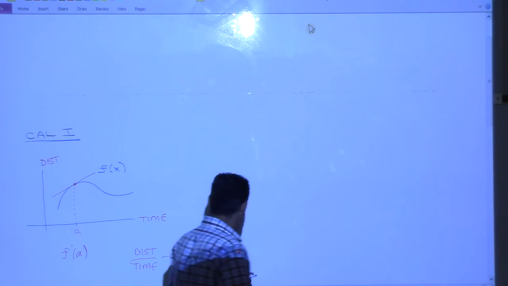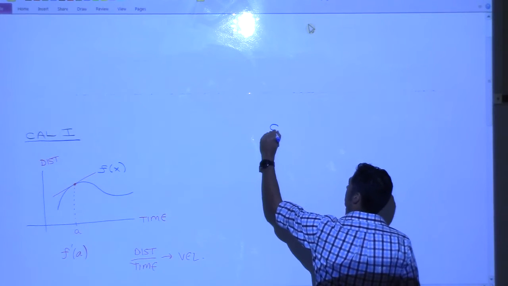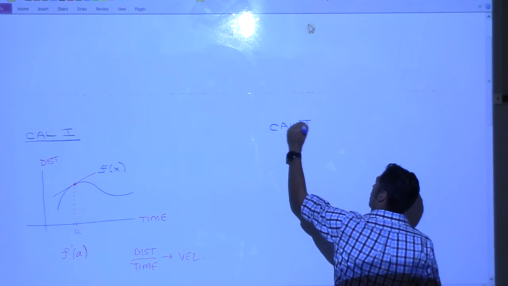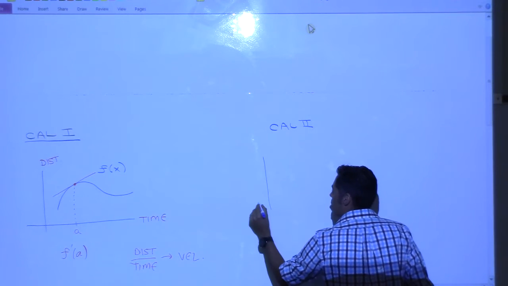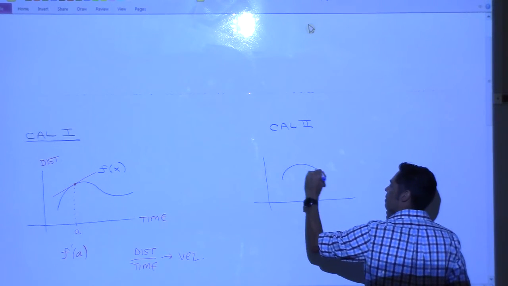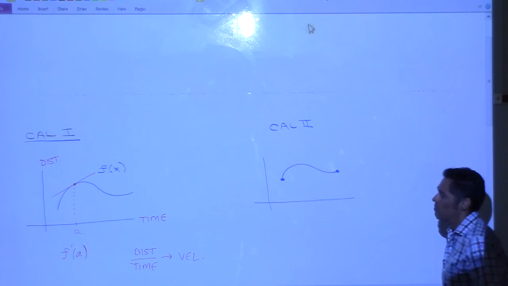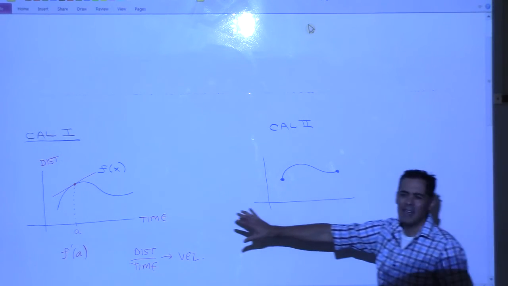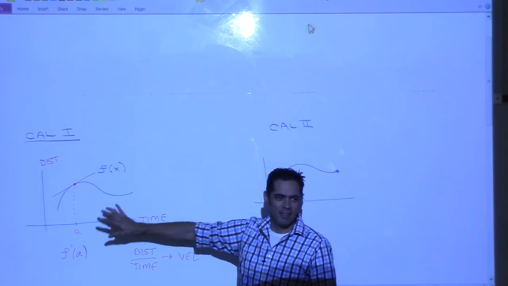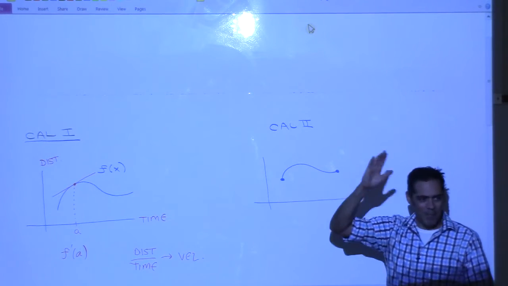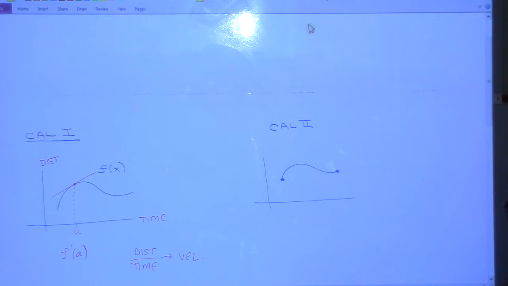Now, in Cal 2, what we're going to do is take a look at a function. We're going to only look at it on a closed interval. Remember, this is just the main idea. There's a lot more that we did, optimization, related rates, everything else, but that ties into this, I think, the best.